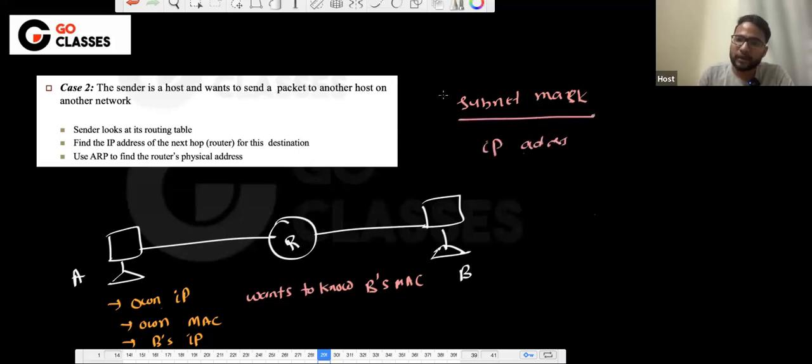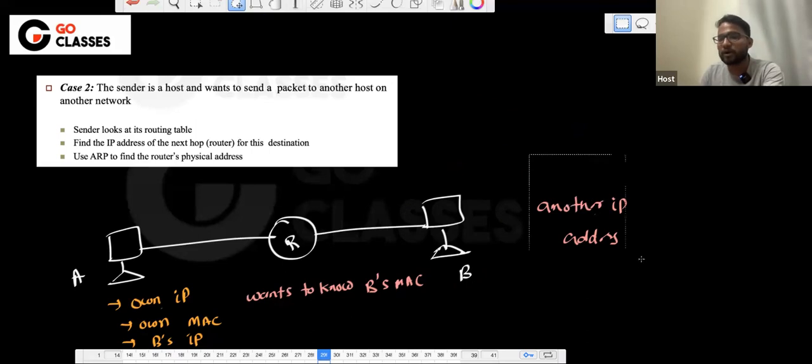Using the subnet mask, IP address and another IP address, can you identify whether the given host, this B, is in my network or not? Obviously you can identify that.